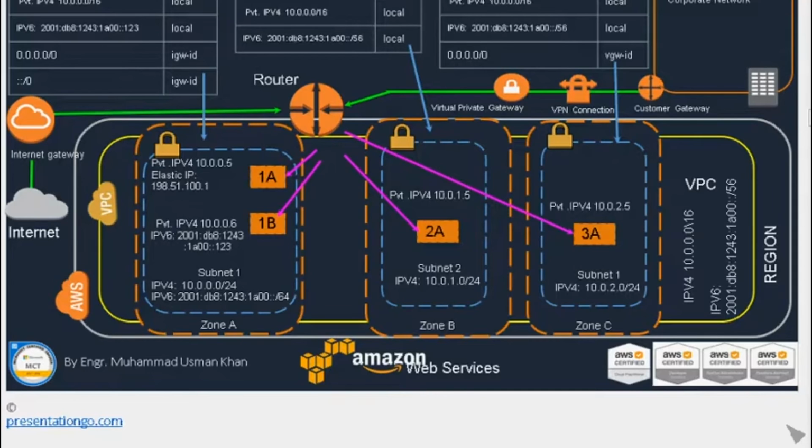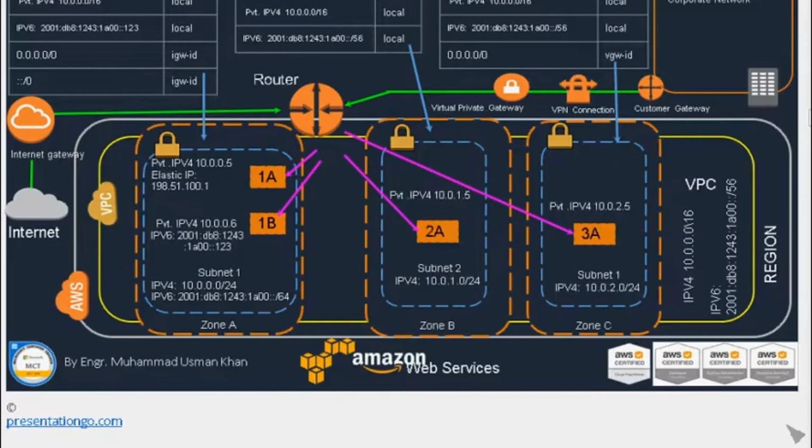Then the second is the same local route for IPv6. So IPv4 and IPv6 both have the same route, but the IP protocol is changed. There is no mention that this subnet and these machines go to the internet gateway or the virtual gateway. So this is totally isolated but can communicate with each other.